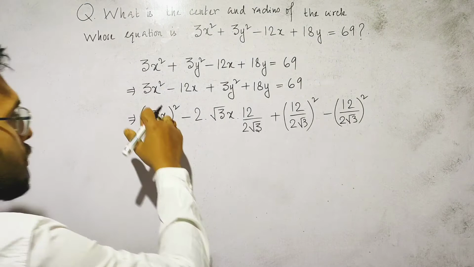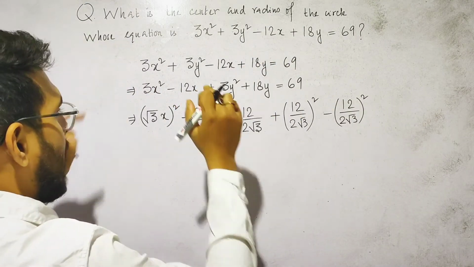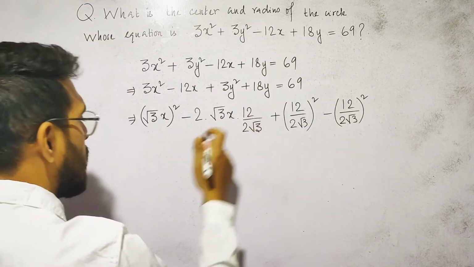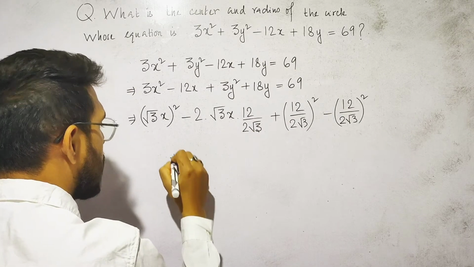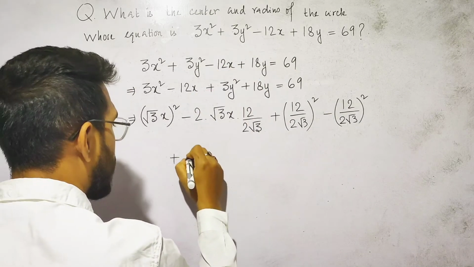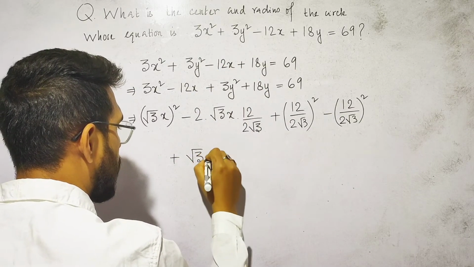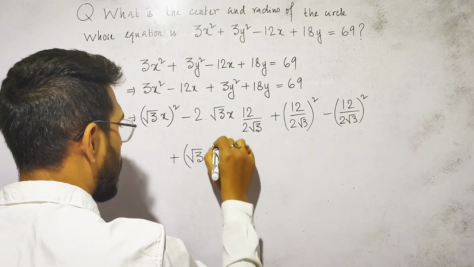Okay, now this is the first half I have done. That means with the x I have done. Now with the y, I'll continue right here. Again, 3y square I can write as square root of 3y whole square.